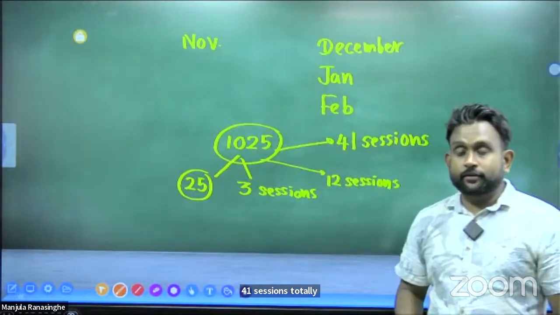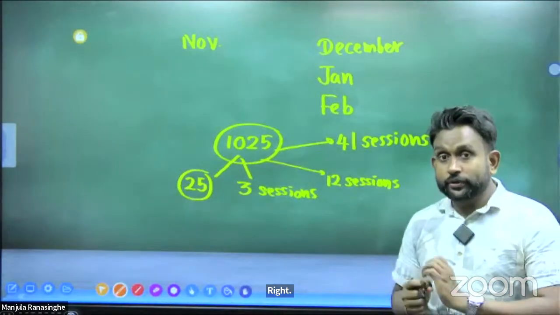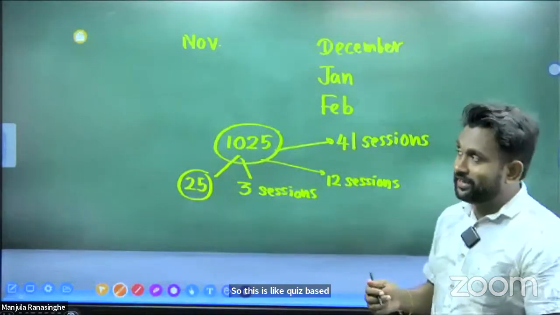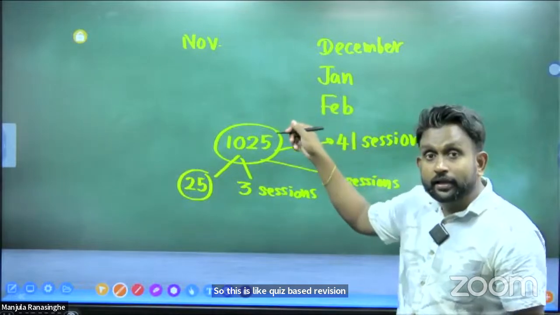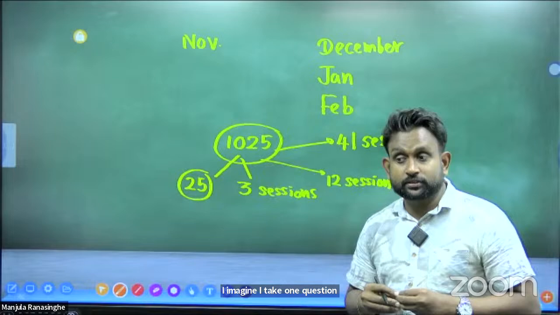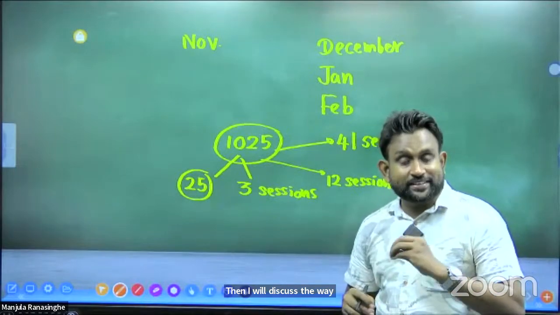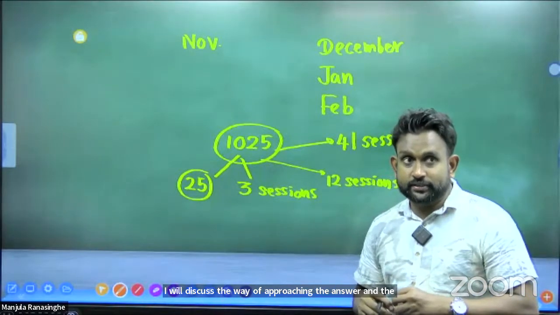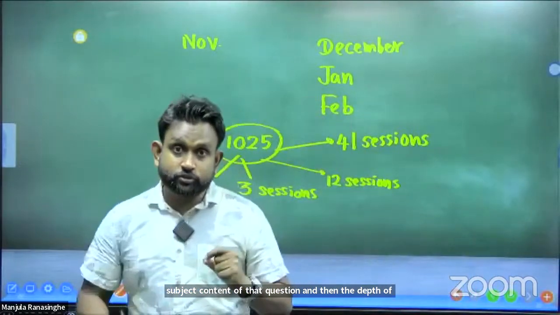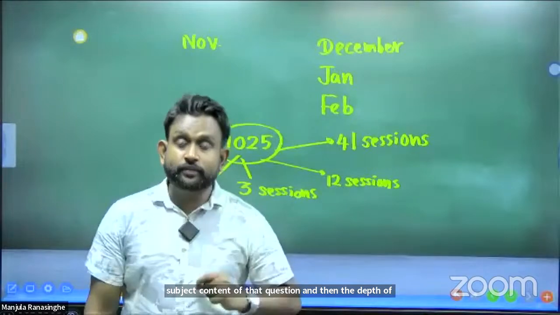Okay. So this is like a quiz-based revision. I take one question, then I will discuss the way of approaching the answer and the subject content of that question, and the depth of the question which will be given in the O-level paper.